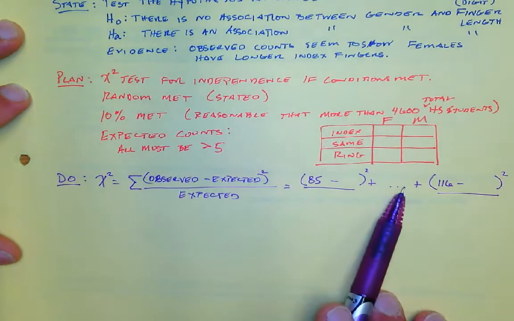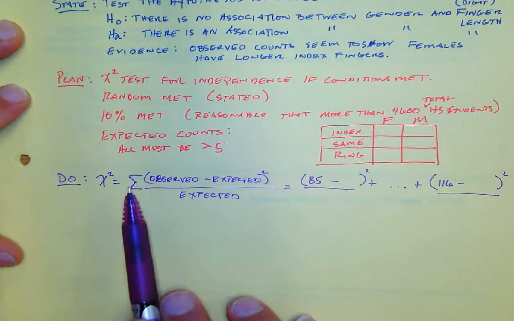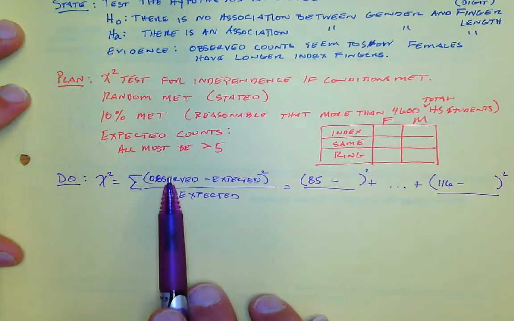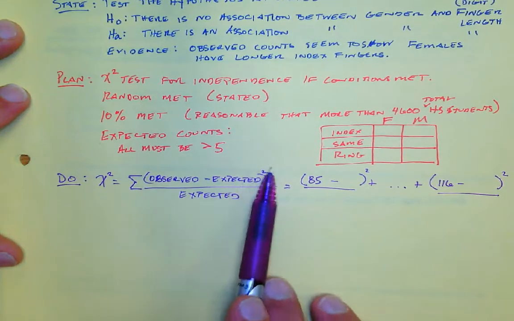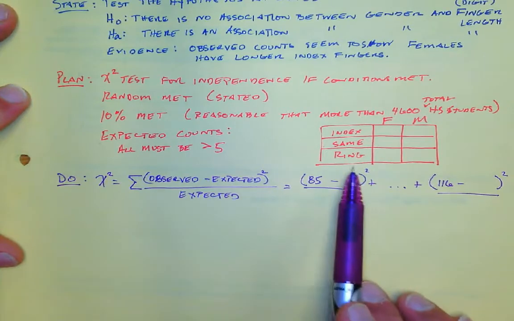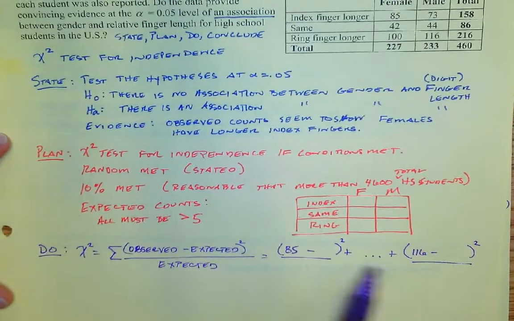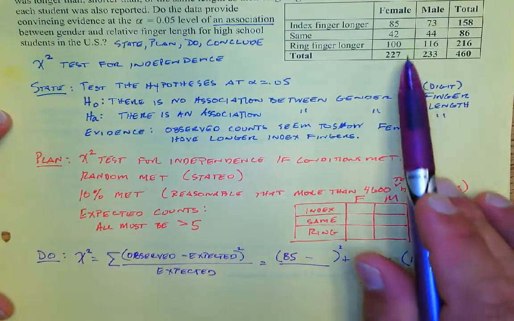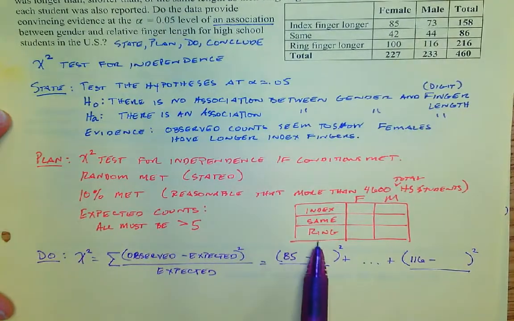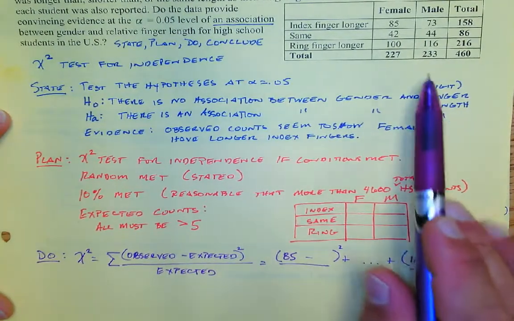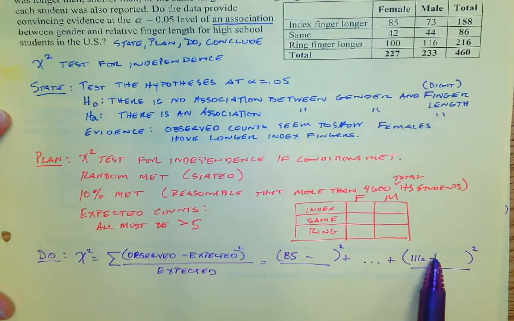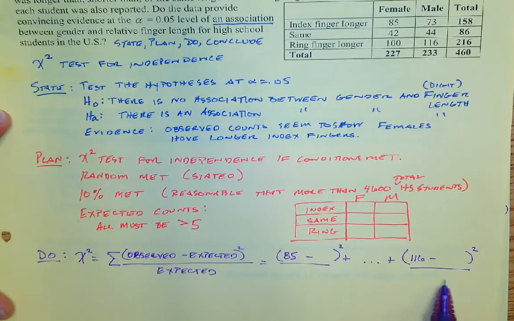Have you done this work yet? The chi-squared is going to be the sum of the difference of observed and expected, squared, all over the expected. We want to make sure that we show at least a couple of our terms. So observed 85 minus whatever is expected, squared, all over expected, and observed 116 minus expected, squared, all over expected.